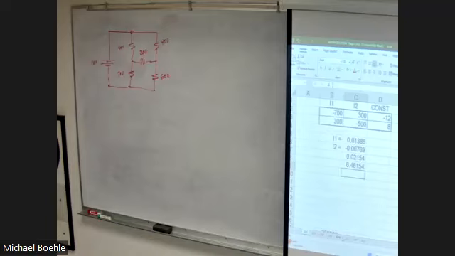In other words, how many window panes? Using mesh analysis, how many currents am I talking? Three, right? Three panes, right? So I can do that with three circulating currents. How many nodes?